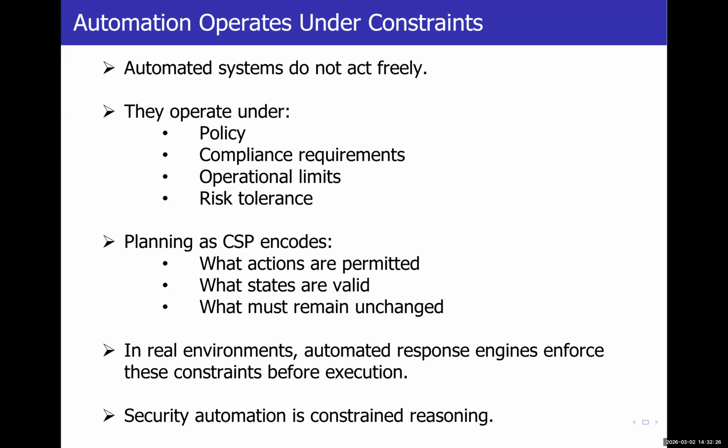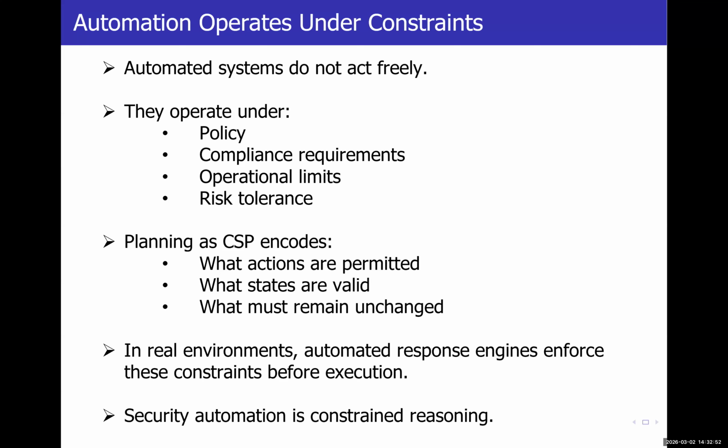Now let's connect this to real-world automation. Automated systems do not act freely. They operate under policy constraints, compliance requirements, operational limits, and risk tolerance. When we encode planning as a CSP, we are explicitly modeling what actions are permitted, what states are valid, and what must remain unchanged.